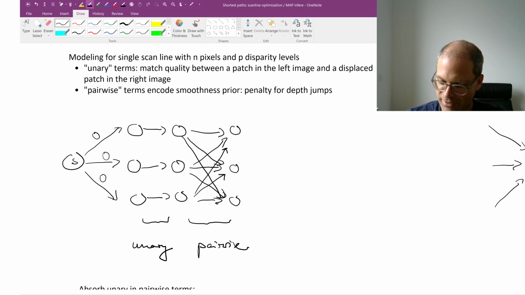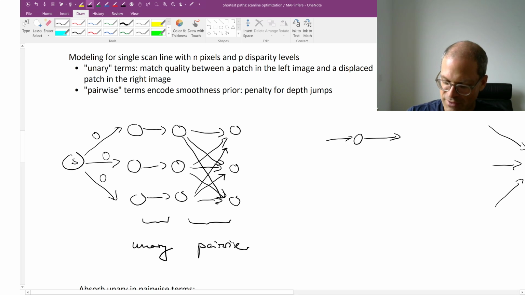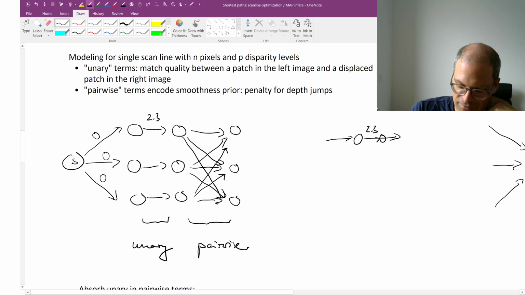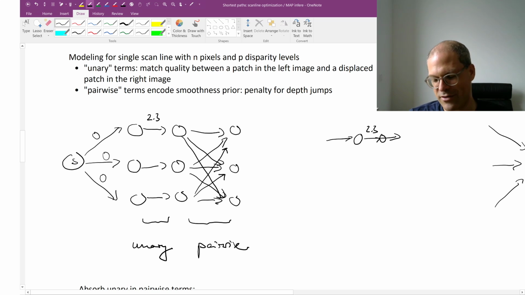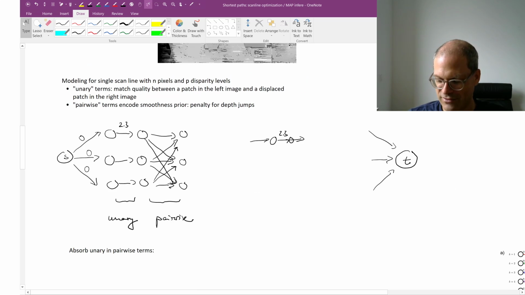So, for example, if Prince says that we have associated with this node here a cost of 2.3, but you don't like costs in nodes, then you can just repeat this node and say, all right, we now give this edge here a cost of 2.3. So we would put a cost of 2.3 here to say that is the unary cost if we go through that node, and the other edges are as we discussed before.